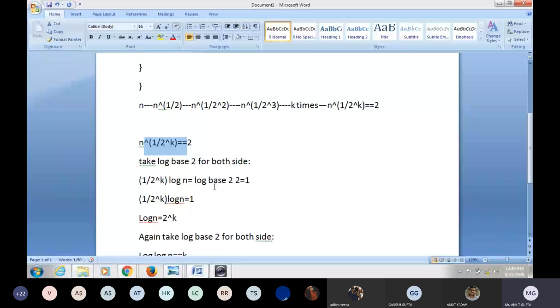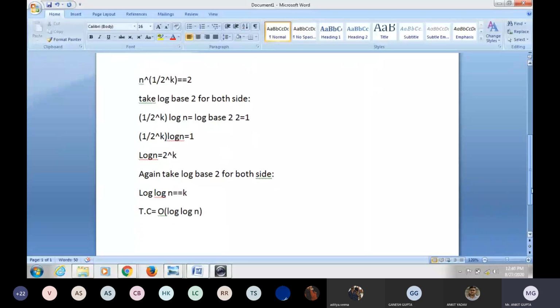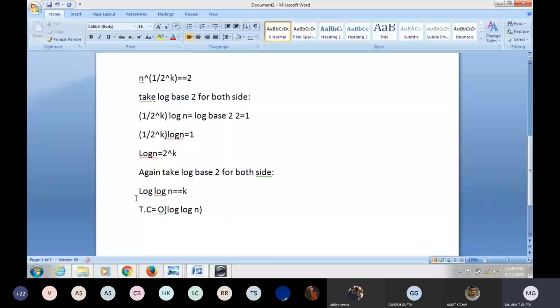Then this 2 raised to the power k will go to the right side. Again I will take log base 2 for both sides. So again I am getting log n is equal to k, and the complexity is order of log n. Are you getting?